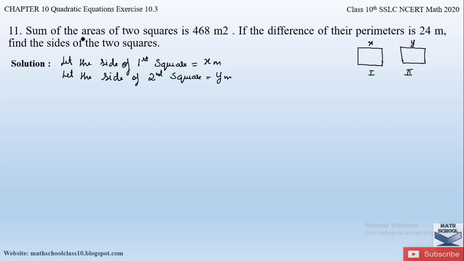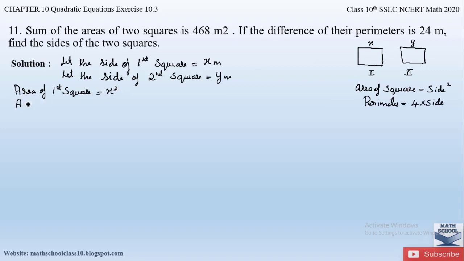Now, since they are telling us about the sum of the areas, what is the area of a square given by? Area of a square is given by side square, and perimeter of a square is given by 4 into side. Now let us see what is the area of the first square. Since the side is x, it will be x square.